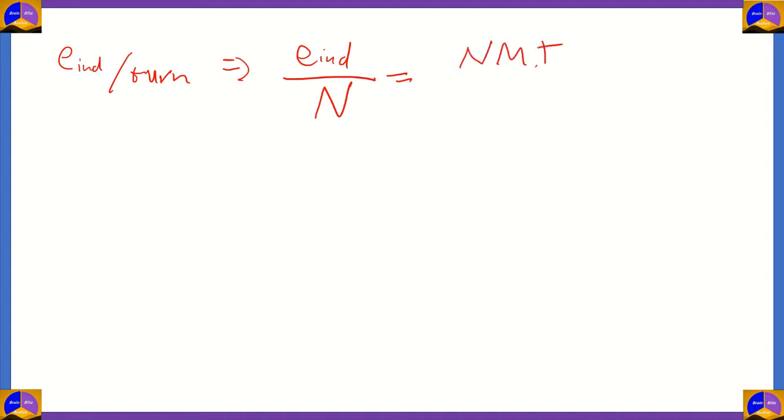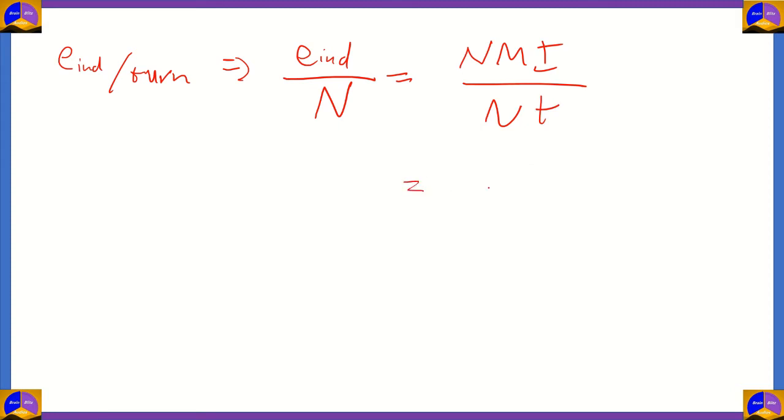So our objective is to find out the EMF induced per turn. So basically, we can just divide the left hand side and the right hand side by n. So the left hand side becomes E induced divided by n, and the right hand side becomes nMI divided by nt.